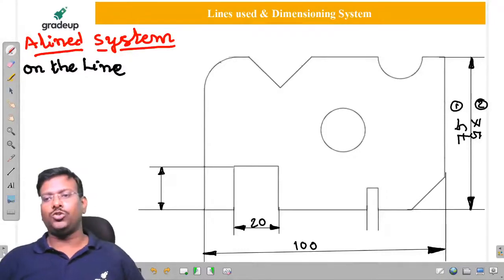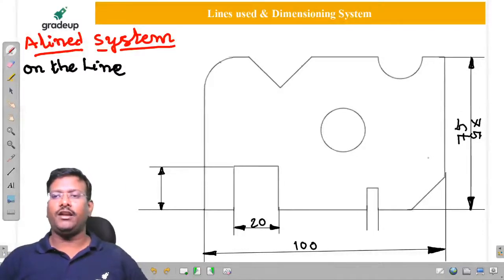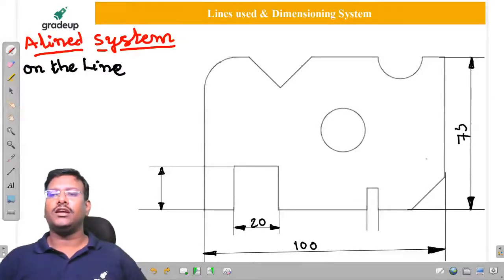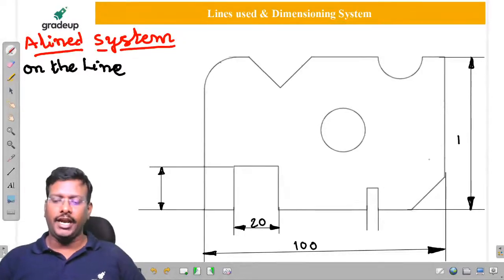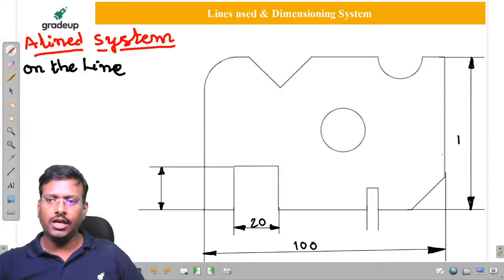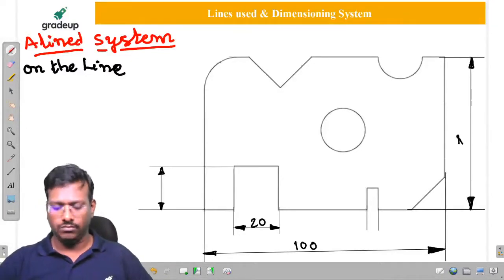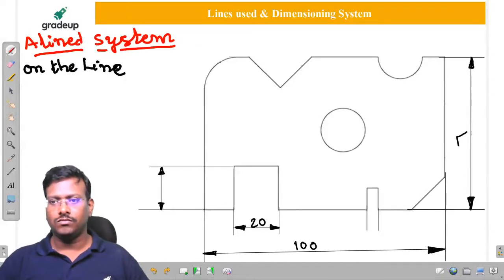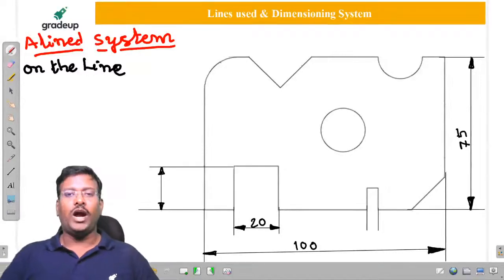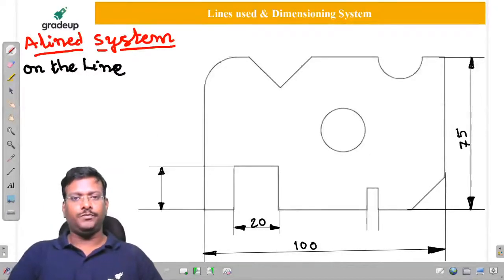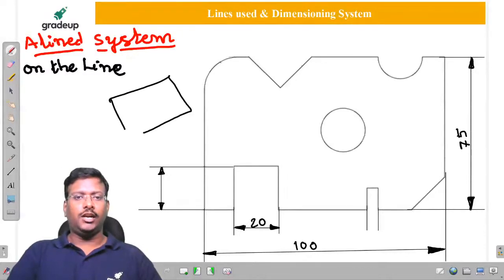Vishal, but the answer is wrong. It is not the second one, my dear friend. First one is correct. Sir, is there any particular reason behind it? Yes, sir. Because if you observe, this is a drawing sheet.